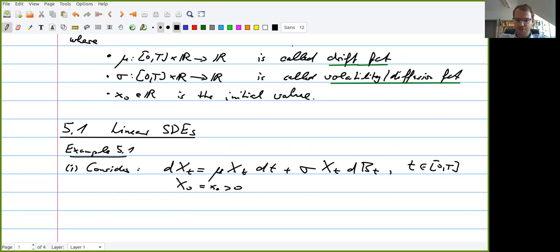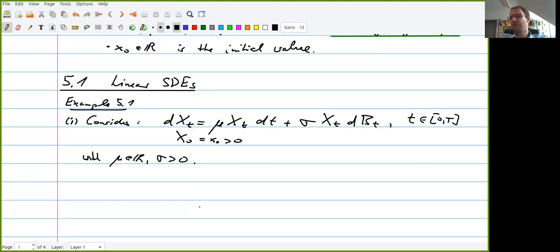So you have a drift coefficient and a volatility parameter. So mu is in R and sigma is positive. Okay, and now we want to solve this equation, right? We need to find a solution. Oh, I forgot to define what the solution is.